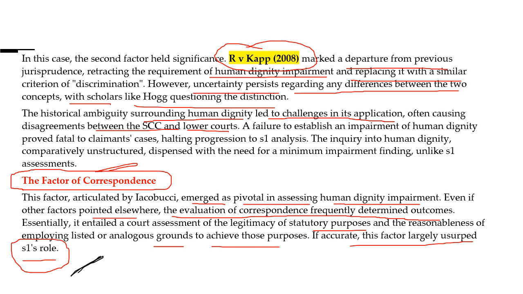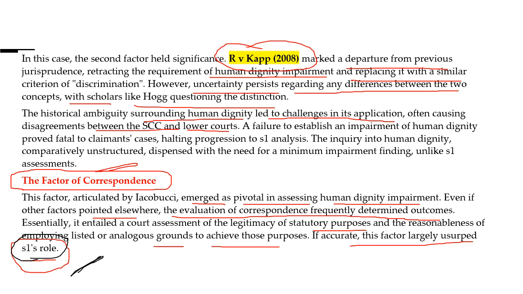So when we are talking about fairness, the human dignity concept automatically comes into that. By talking about the human dignity concept separately, we are in a way usurping the role of Section 1.